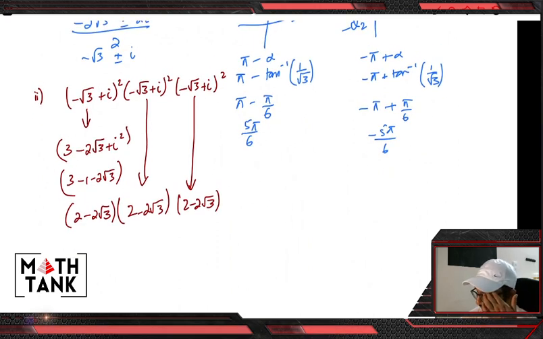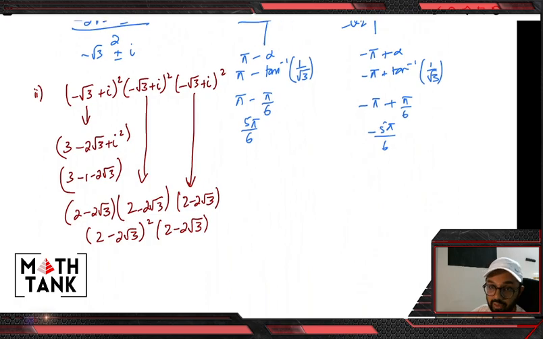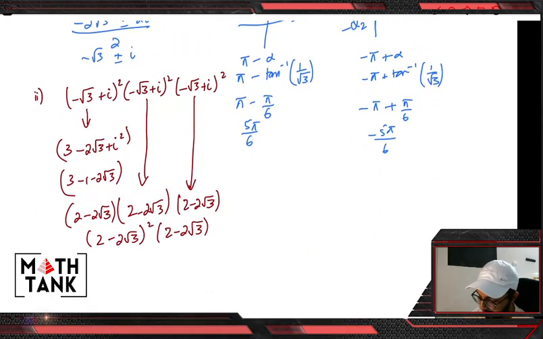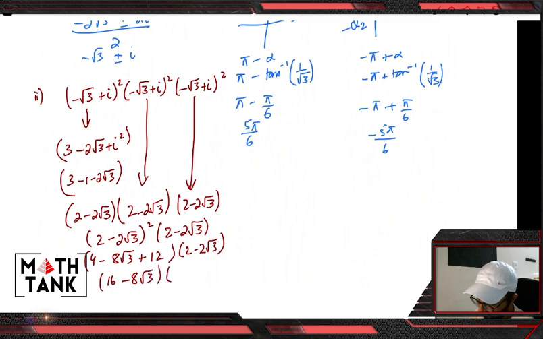So I'm going to do it again step by step. I'm going to say that 2 minus 2 root 3i, that's whole squared, into 2 minus 2 root 3i. Or if I remember my cubic expansion, I can also use that. But let's just quickly get through with this. There should be an i here.